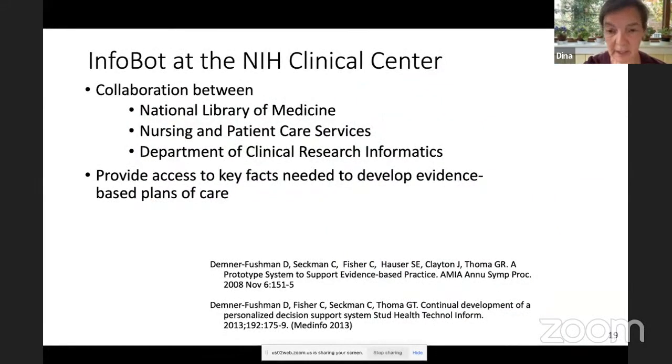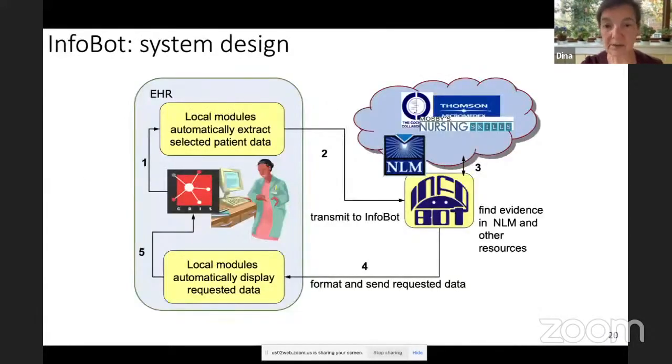So given that we had that system, and it was actually real time, we demonstrated it at the NIH Clinical Center, and they said, well, this is exactly what we need to support our interdisciplinary team's decisions, because they have to be based on evidence-based practice. So we had this agreement that the information from the patient's progress notes will be extracted from their electronic health record and sent to us.